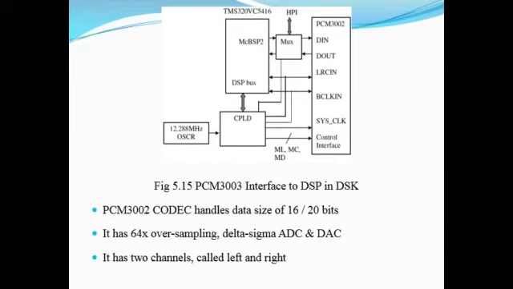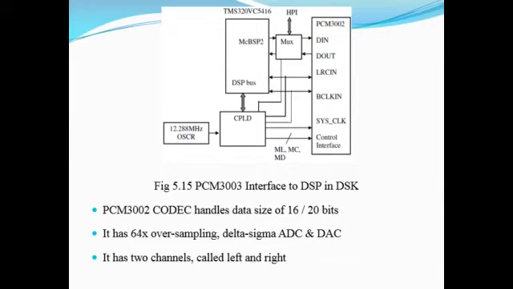The PCM 3002 will handle a data size of 16 or 20 bits. That is the data size which can be handled by this codec. It has 64x oversampling, and it has delta-sigma A to D converter and D to A converter.